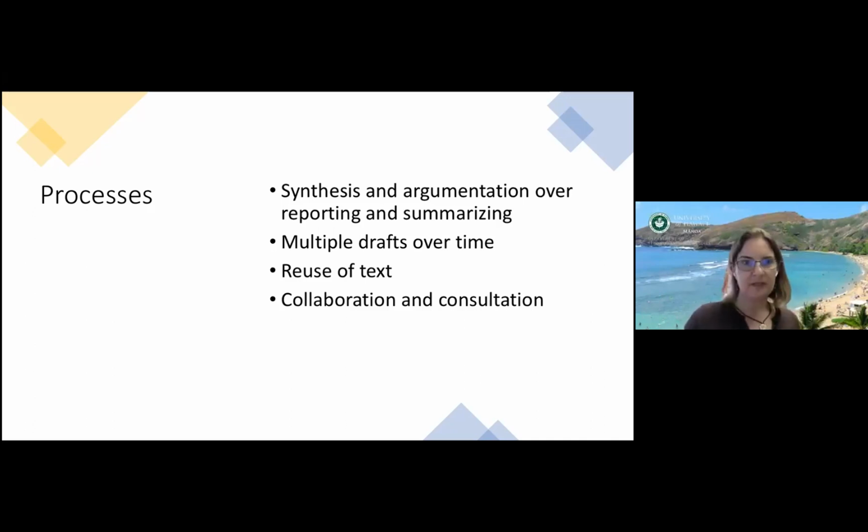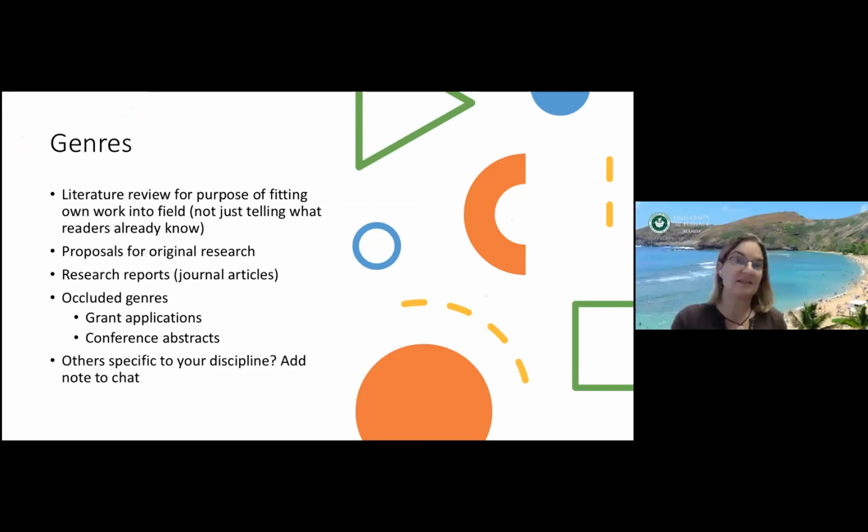So another thing that's different in grad school is the genres that students are writing. Undergrad is, as I said before, mostly that knowledge telling, summarize things you've read, maybe make an argument out of it, but that's generally where it stops. Literature reviews in grad school are for the purpose of showing where that gap is.